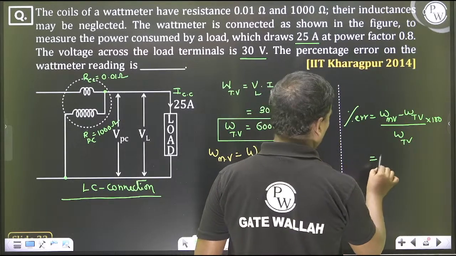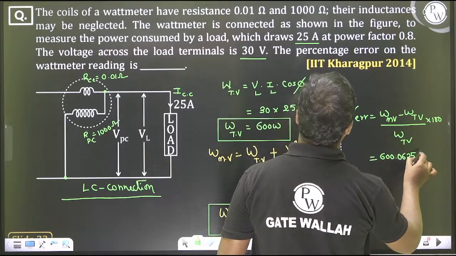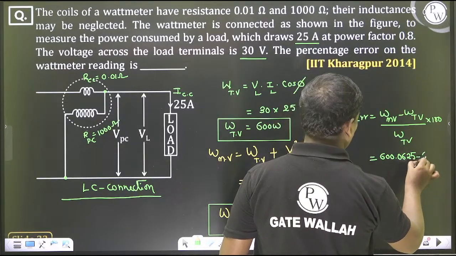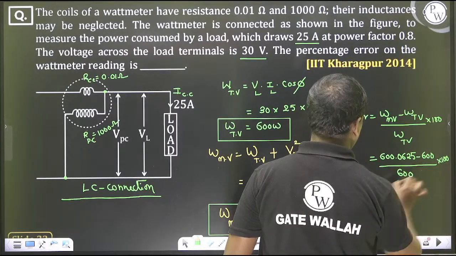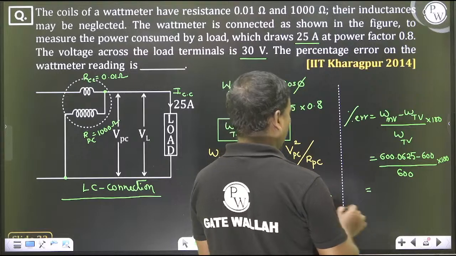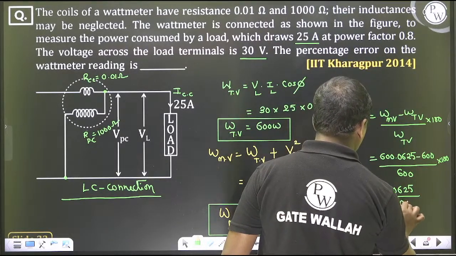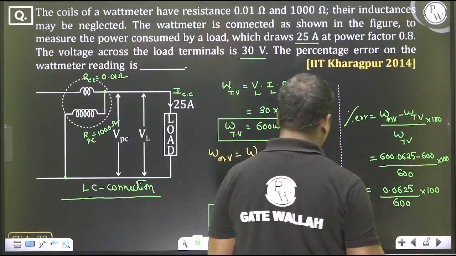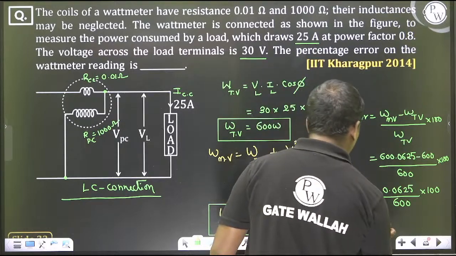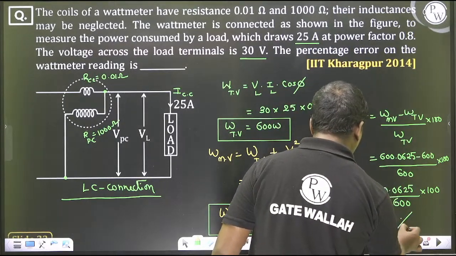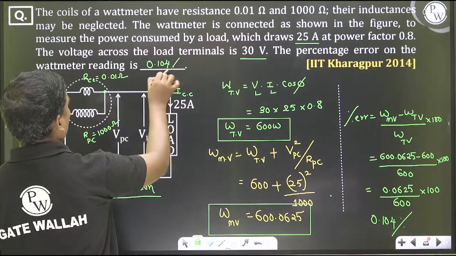Measurement value 600.62, divided by 600. Right answer is 0.104. That's it.